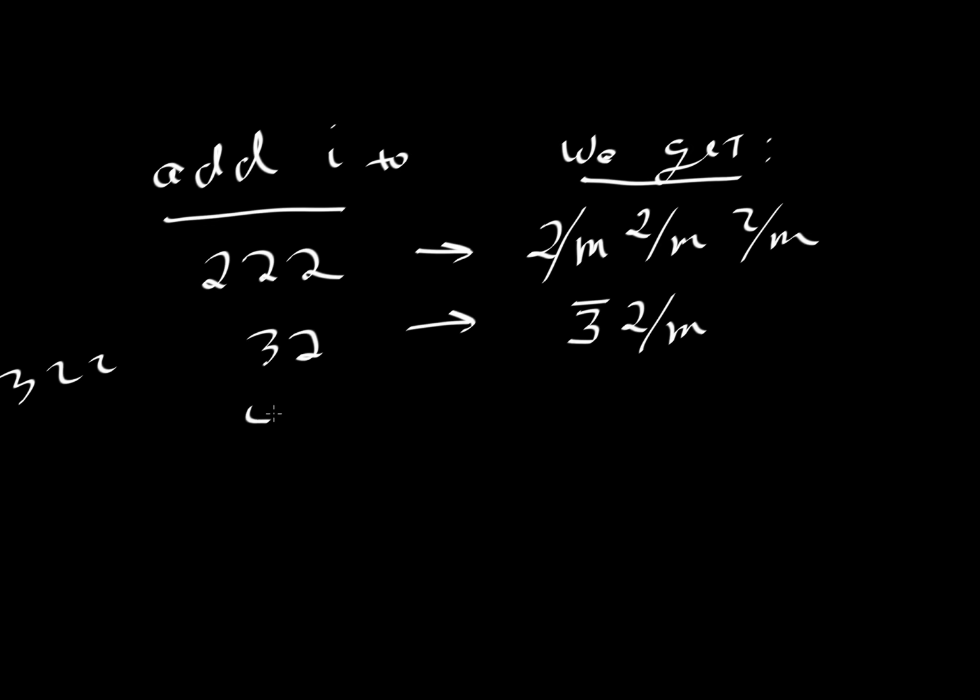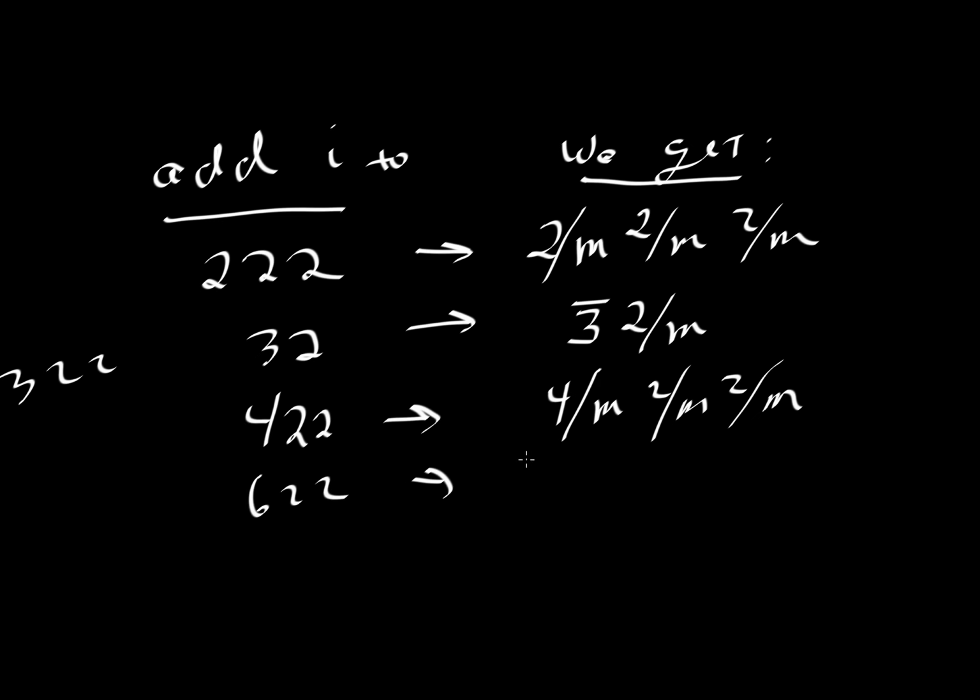If we have a 4, 2, 2, and we add a center of symmetry to this object, then they are all even numbers, so we would have a mirror perpendicular to each of those axes. And then we can do the same with a 6, 2, 2. And it would be a 6 over m, 2 over m, 2 over m. A 4, 3, 2, you might want to pause the video here and try to do this yourself.